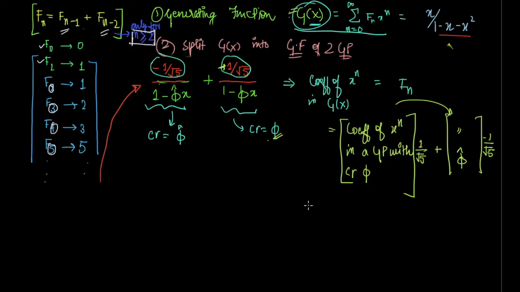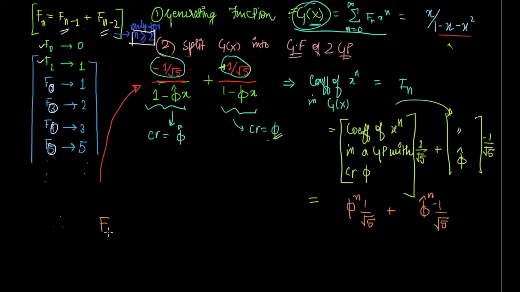So what this gives us is that, okay, in a GP, the coefficient of x to the n itself is just the common ratio to the n, and that we must multiply by 1 by root 5. Similarly, we have phi cap to the n, and we multiply that by minus 1 by root 5.